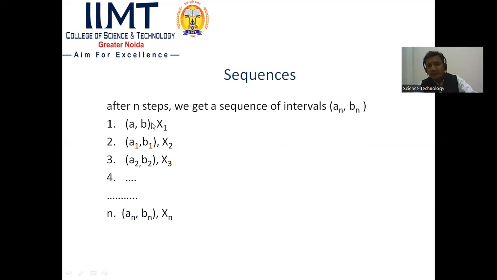This way, we will get a sequence of smaller and smaller intervals as well as a sequence of approximated roots, that is x1, x2, x3 and x_n. This way, interval becomes smaller and smaller and roots become accurate and more accurate.